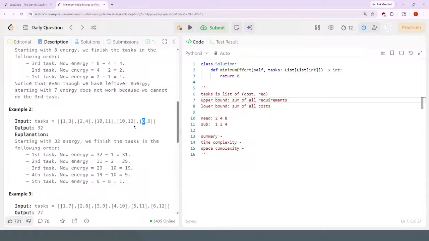So it's the same as 19. Okay. So if this was your last one, then you would need to have 9 before it, and then you would need to have spent 10 to do this one second to last. So then you need to have 19. And because 19 is bigger than 11, you don't need to have excess capacity there.